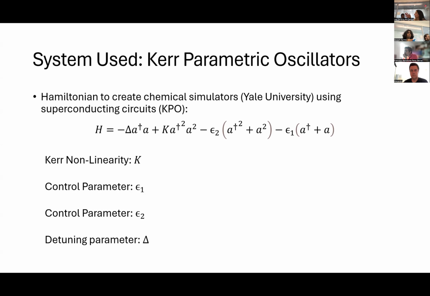Yeah, but people in this group, like David, Zahir, they don't have any idea about this Hamiltonian. So maybe we can tell them that this is a Hamiltonian used by this group at Yale to study a superconducting circuit.